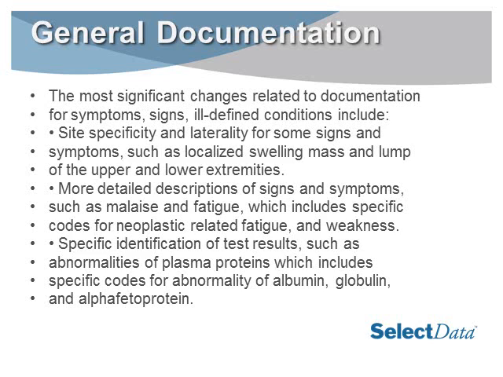More detailed descriptions of signs and symptoms, such as malaise and fatigue, which now includes specific codes for neoplastic-related fatigue or weakness. And specific identification of test results, such as abnormalities of plasma proteins, which include specific codes now for abnormality of albumin and globulin and alpha-fetoprotein.